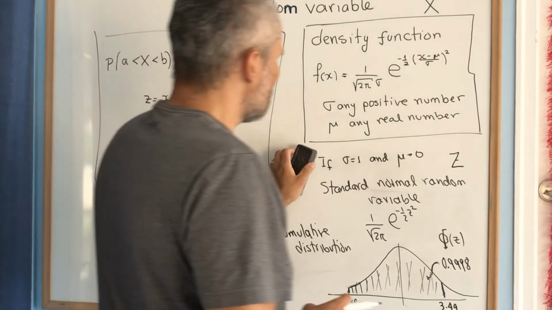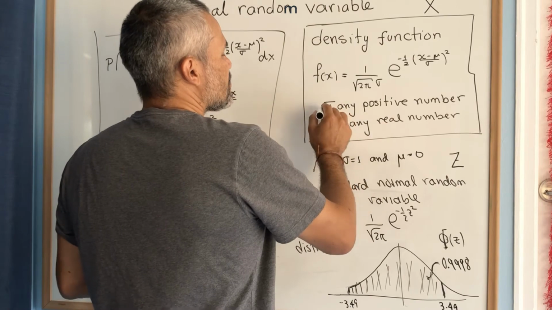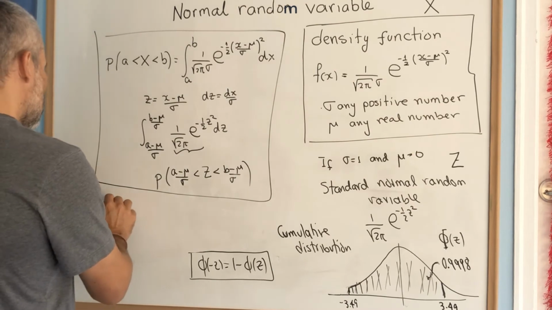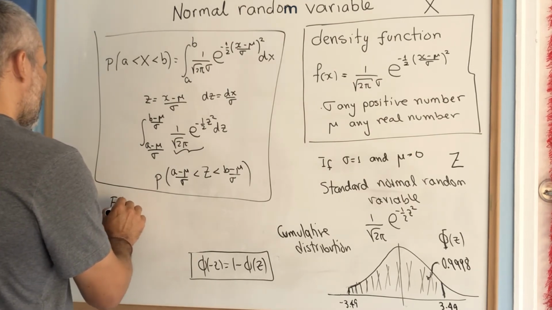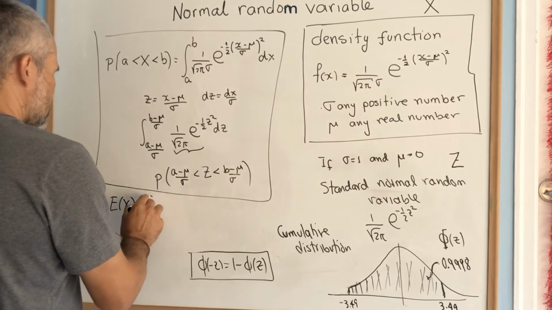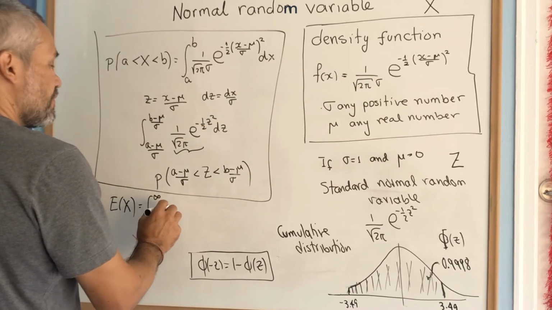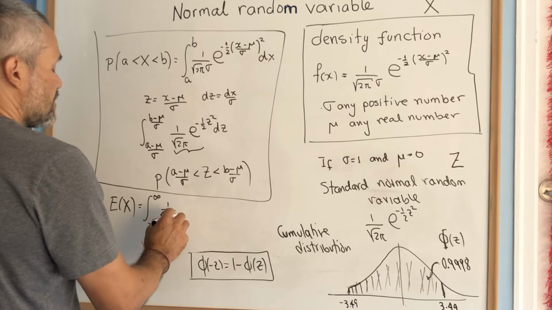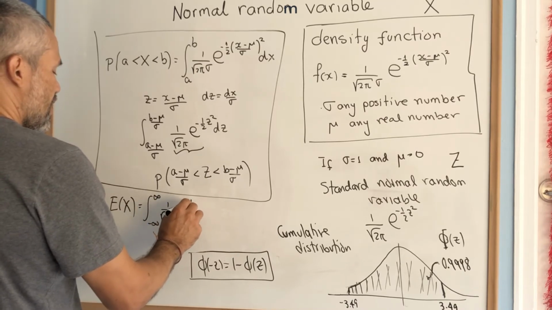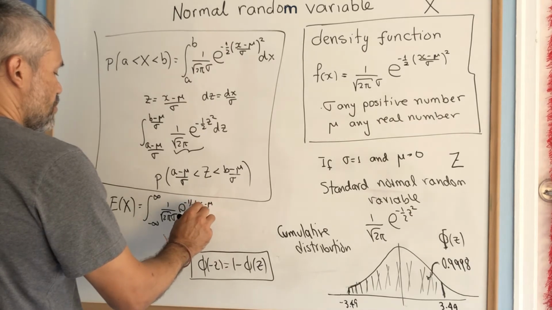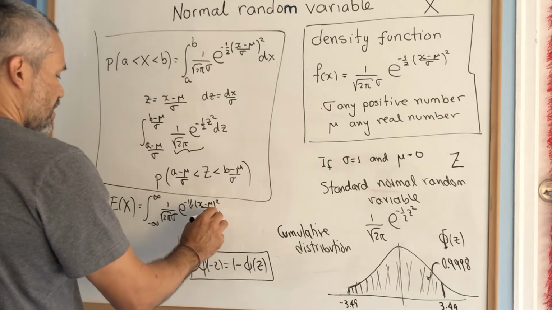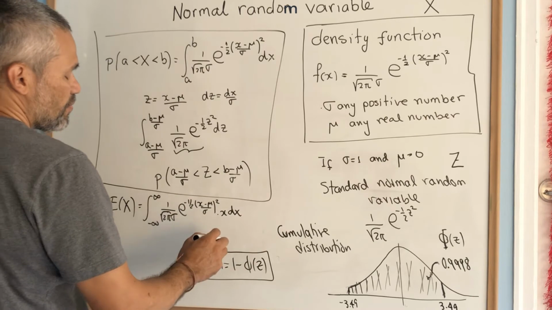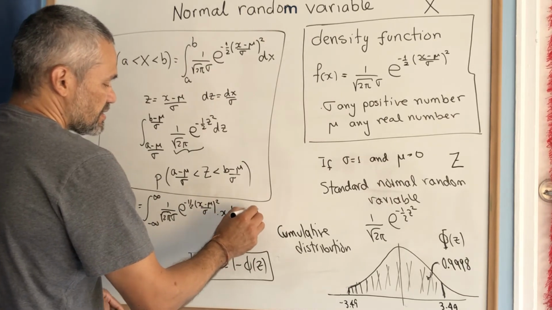Something interesting also is that the reason this parameter is called sigma and this parameter is called mu is because if we compute the expected value of this random variable, which is just the integral from negative infinity to infinity of 1 over the square root of 2 pi sigma, e to the negative 1/2 (x minus mu over sigma) squared, times x times dx, we can check that this is just mu.